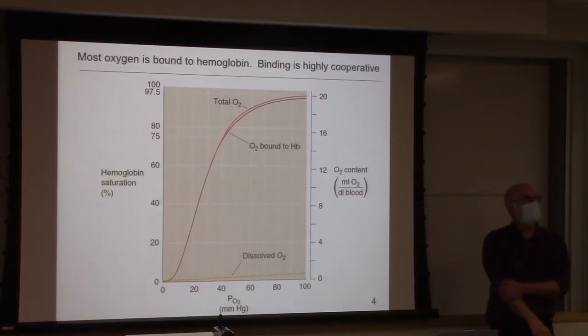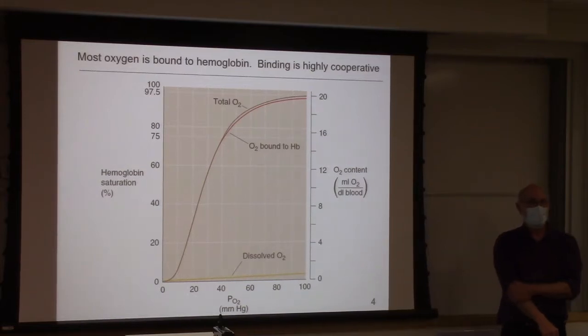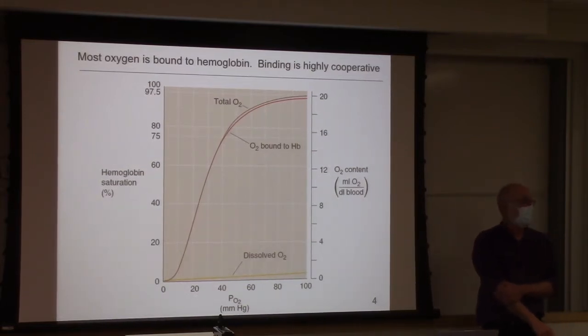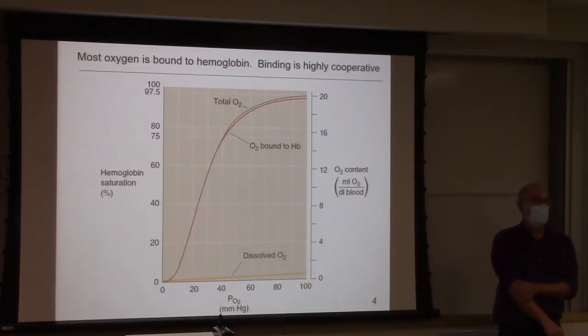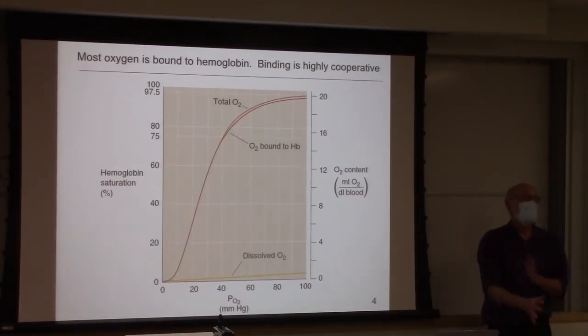You may have read about this in the news, where people who have COVID-19, who are really at risk, have a low saturation. That's one of the markers of dangerous COVID-19. It's kind of interesting. People who have COVID can feel pretty normal.